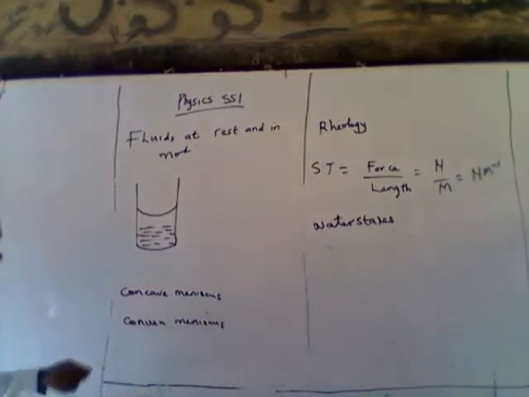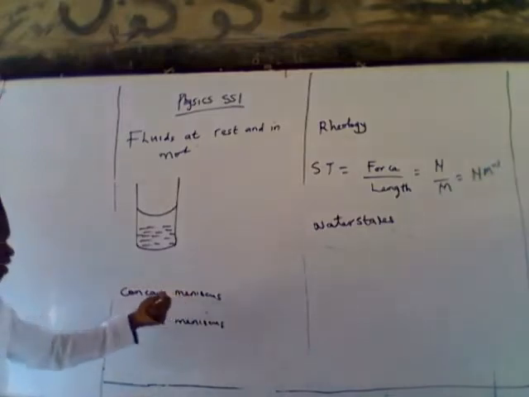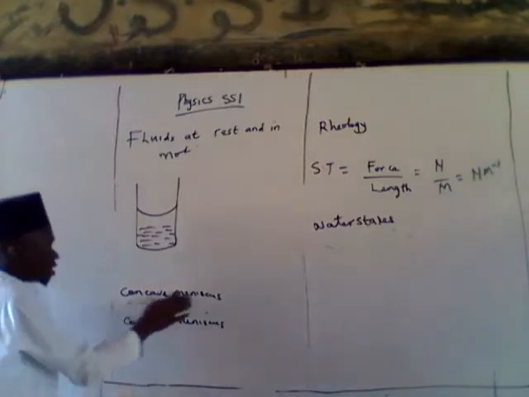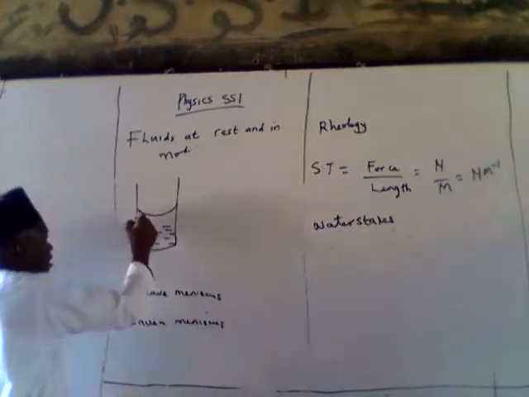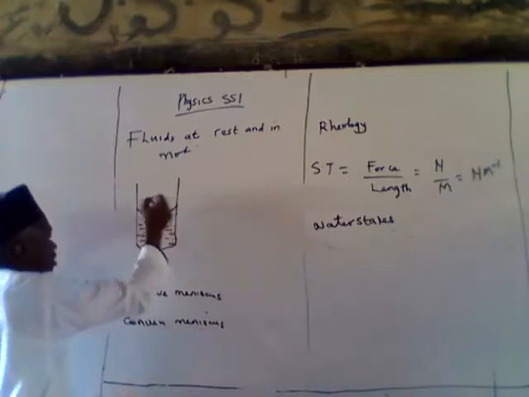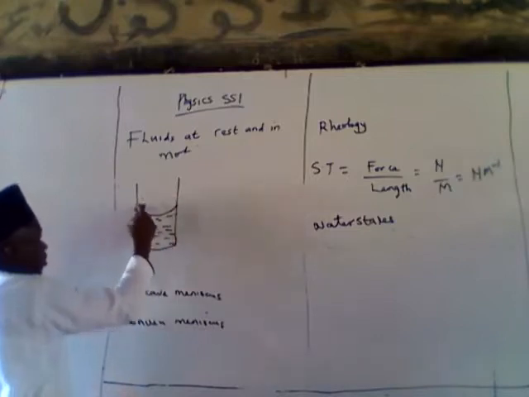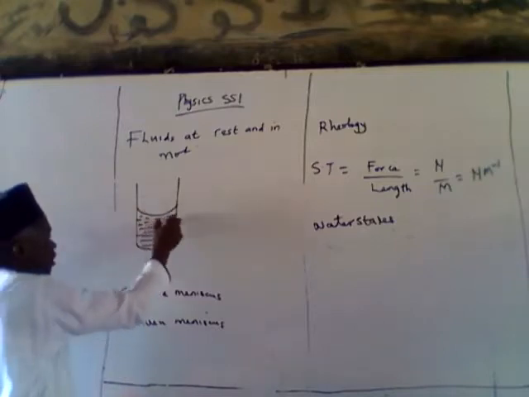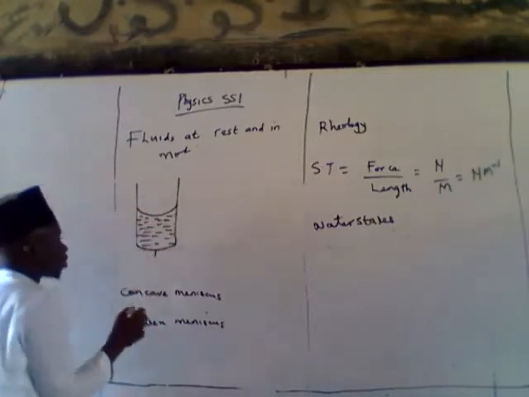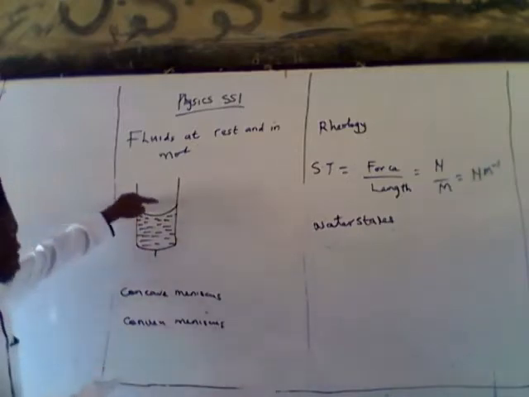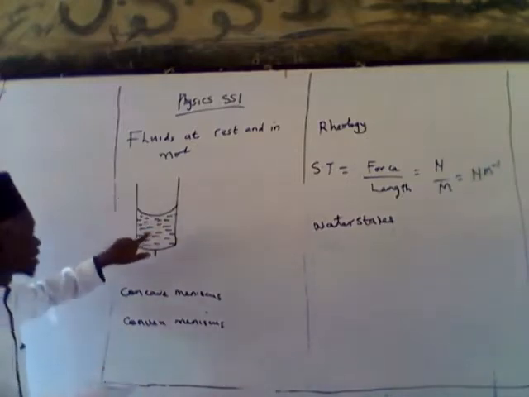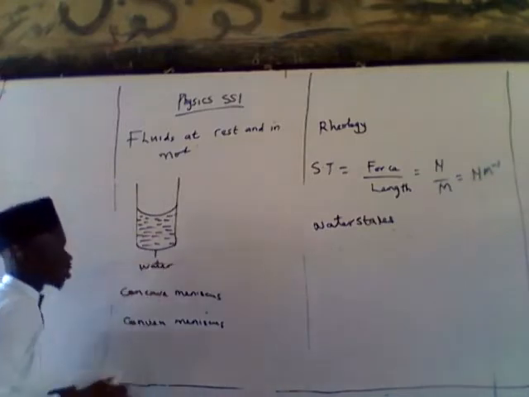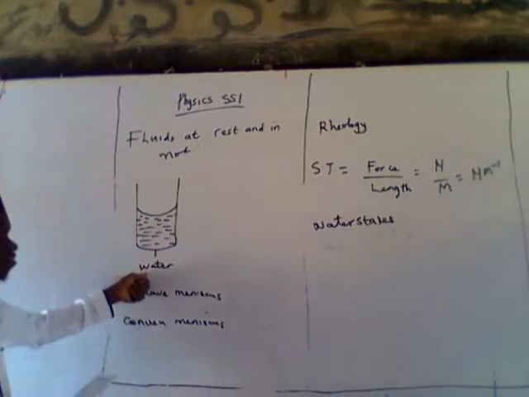When the meniscus of a substance is bent inward, that means that it is concave. You can see the meniscus now. This thing is what we call meniscus. So this is our liquid, and this is how the shape of water looks when you pour it inside a container. So the kind of meniscus of water is called concave meniscus.